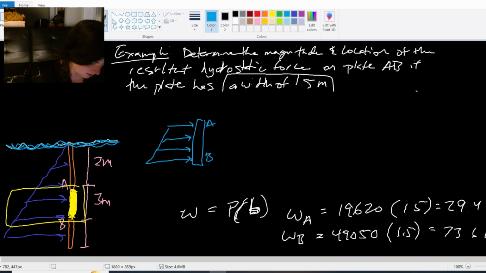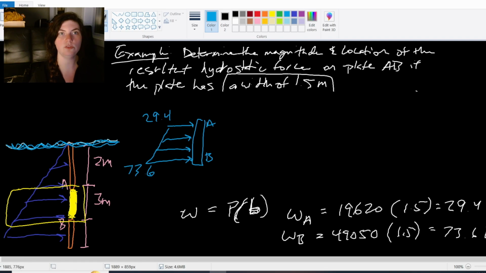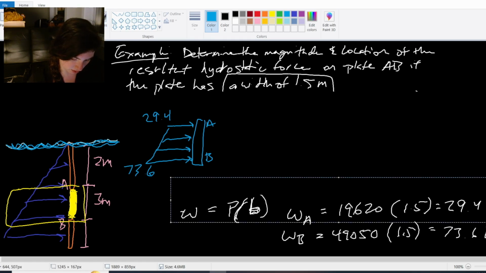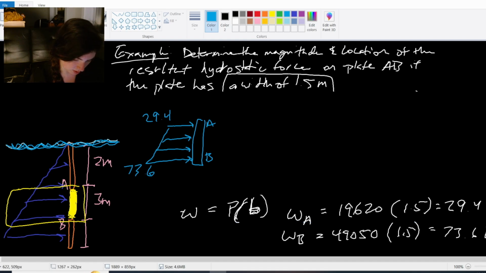And now I know that this end is 29.4 and this end is 73.6 kilonewtons. Oh, sorry, these should be kilonewtons per meter. They are loads, kilonewtons per meter. So I can now use what I know about distributed loads and separate these into their shapes to find that resultant force and that distance. So let's do that.